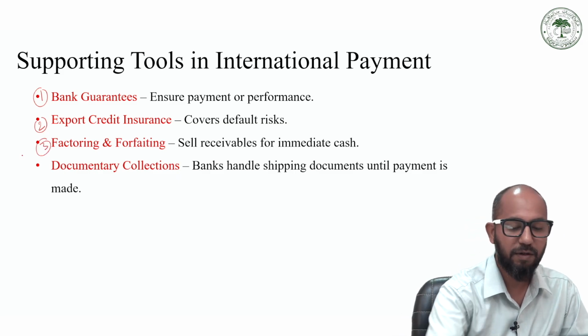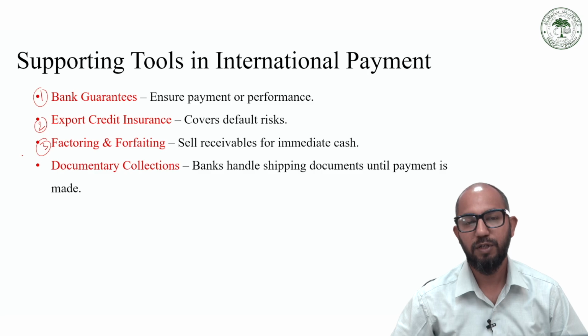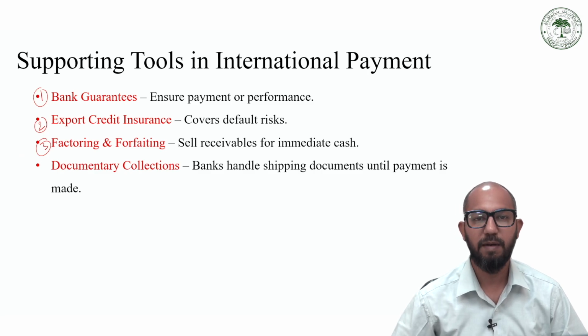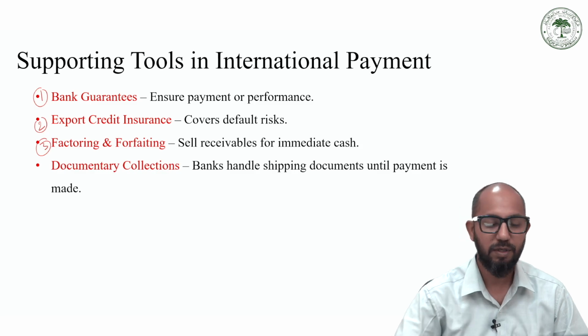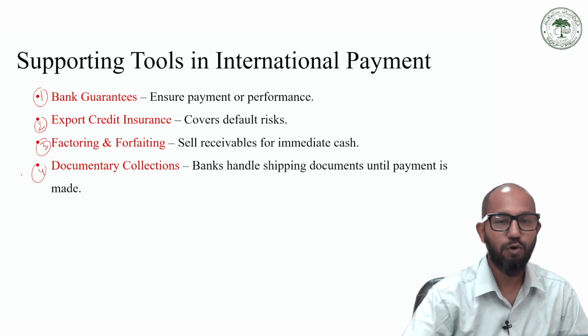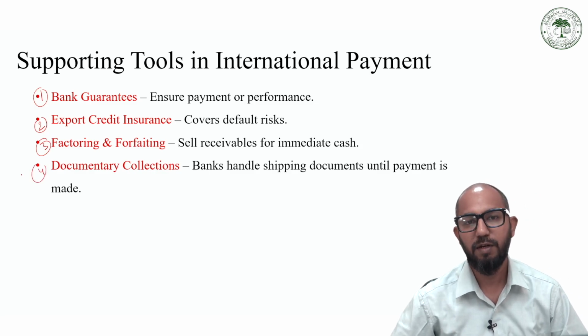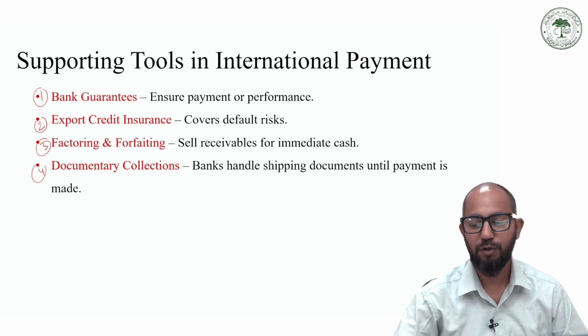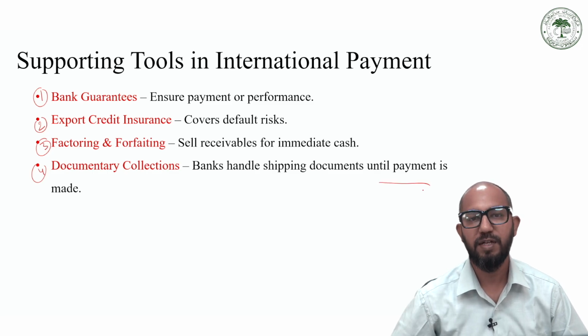The third is factoring and forfeiting, which includes the way receivables can be sold for immediate cash. And finally, the documentary collections, wherein banks handle shipping documents until payment is made.